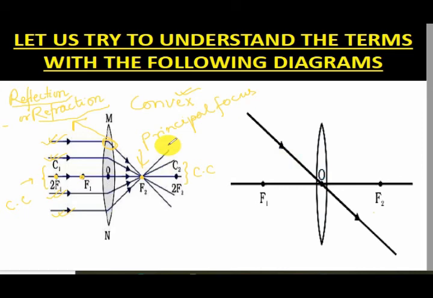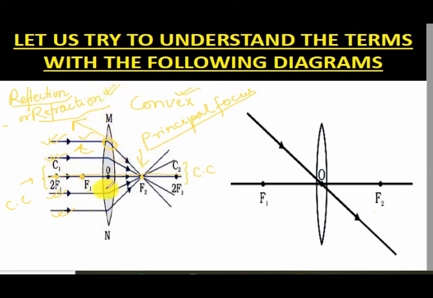So in order to define the principal focus of this convex lens, all the rays come parallel to the principal axis. Here this line is your principal axis. Coming parallel means they are not intersecting. So these rays, 1, 2, 3, 4, even this principal axis is also a ray. When they pass through this convex lens, they undergo refraction.